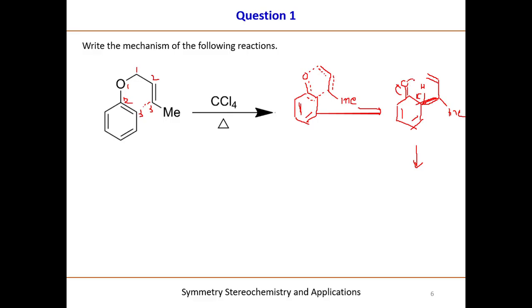This oxygen will abstract this proton to give the aromatic alcohol, which is a stable product because of the aromatization. Correct?